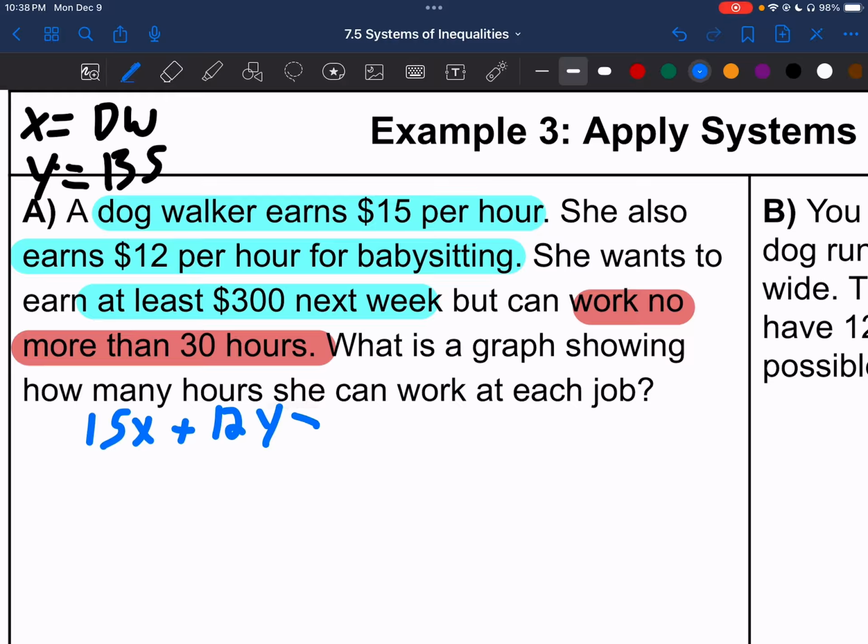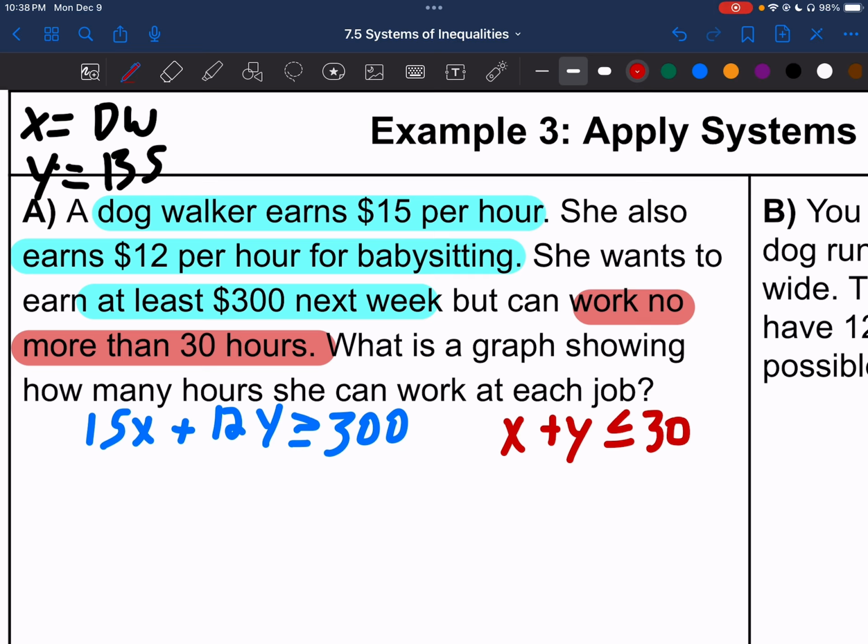We want it to be at least 300, so greater than or equal to 300. Our second inequality, she can work no more than 30 hours. So the hours dog walking plus the hours of babysitting has to be less than or equal to 30.